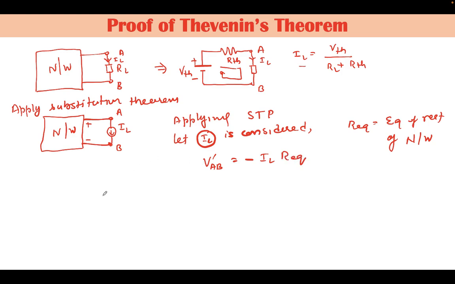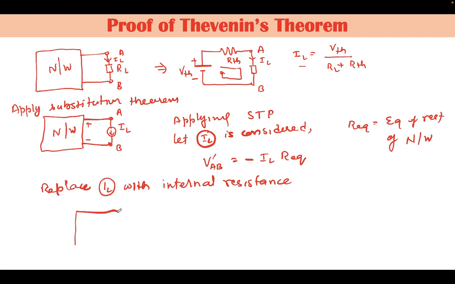Now, this is the potential drop due to one source. Now we are considering the other sources. Replace IL with its internal resistance. The internal resistance of the IL current source is infinite, so the resultant network across terminal A and B is this.